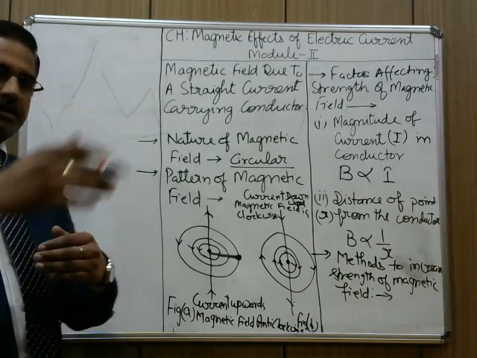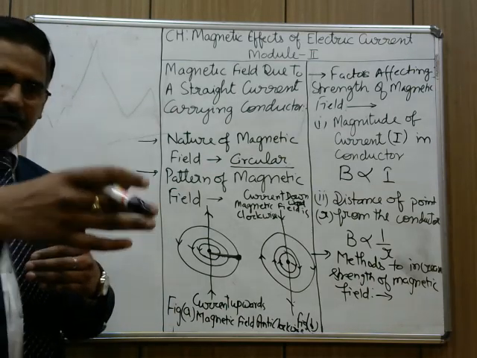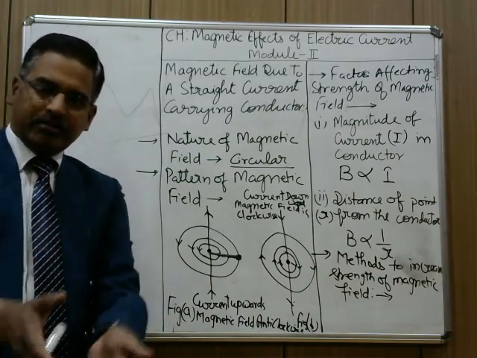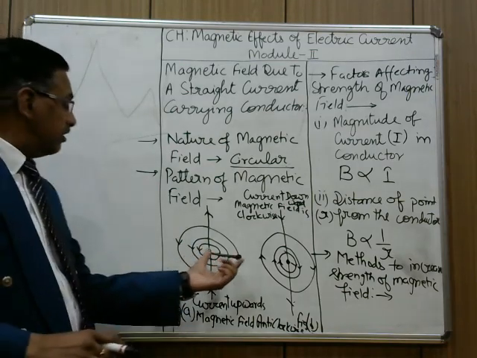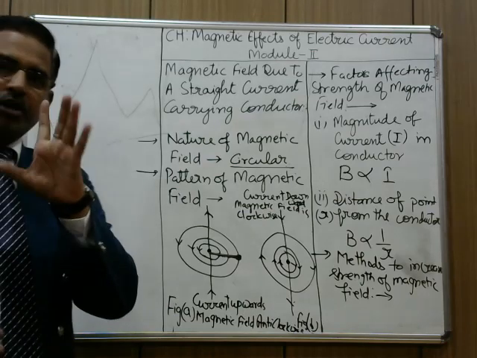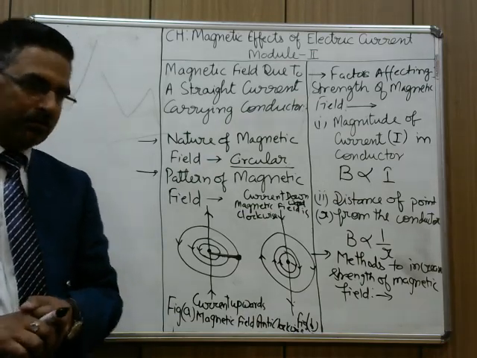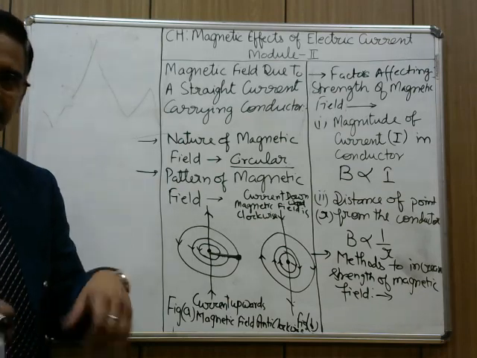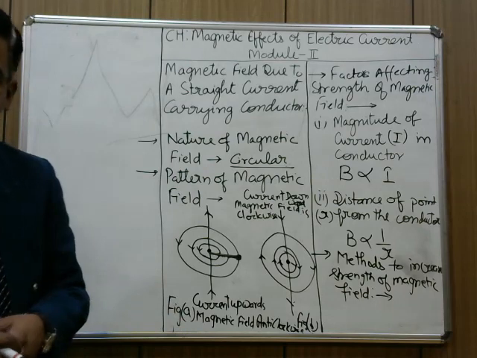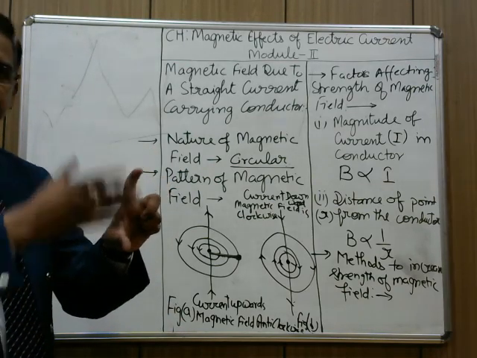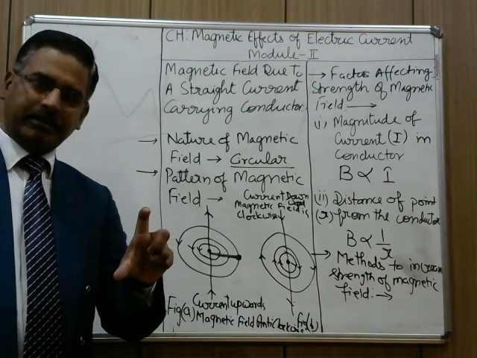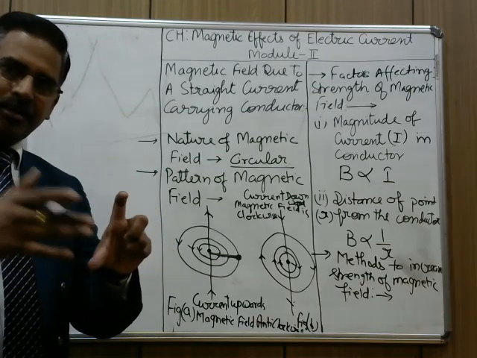If you are at a distance of 5 centimeter from the current carrying conductor and you want to increase the strength of magnetic field, then the distance has been fixed. Then you are left with only one method, and that's why I said this is very important. Generally you will think that by increasing the current and by decreasing the distance. No. When the current carrying conductor is at a fixed place and you need to increase the strength at a particular point, then the distance has been fixed.